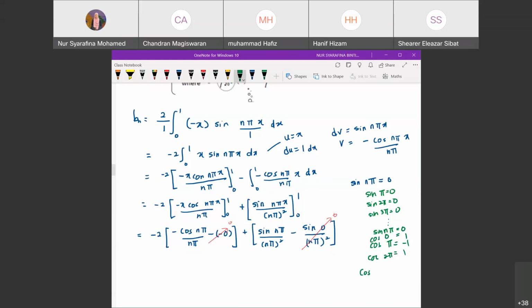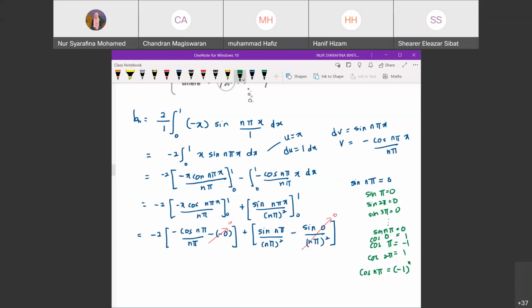Then cos n pi we can write as negative 1 to the power of n. When n is 0, it is negative 1 to the power of 0. When n is 1, it is negative 1 to the power of 1. When n is 2, negative 1 to the power of 2. So it is alternately sign changing there.